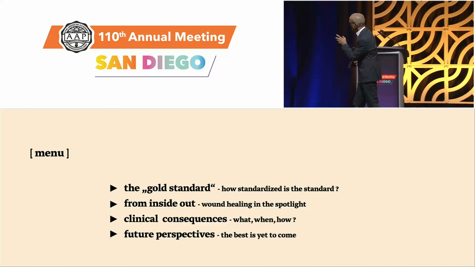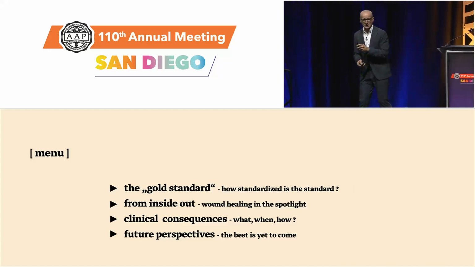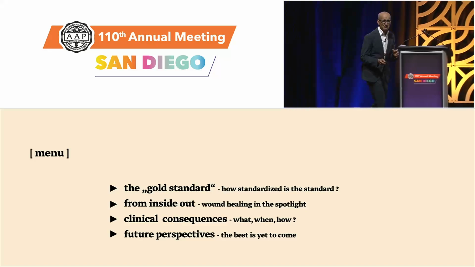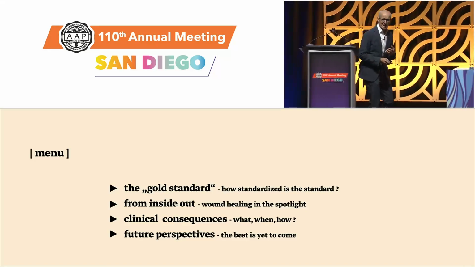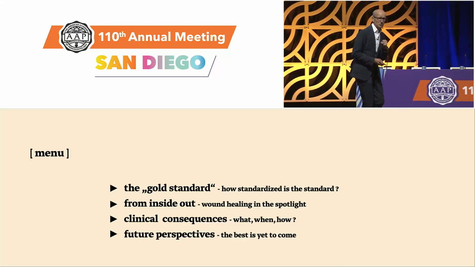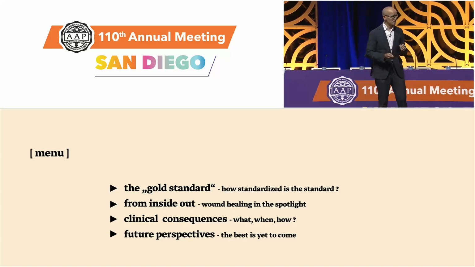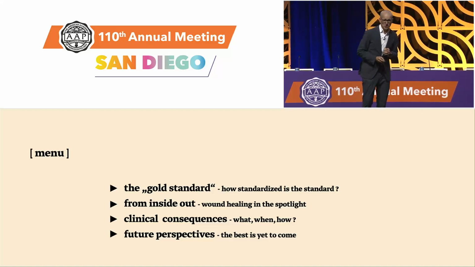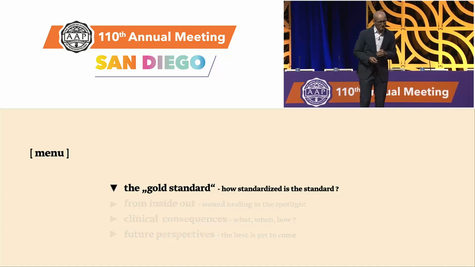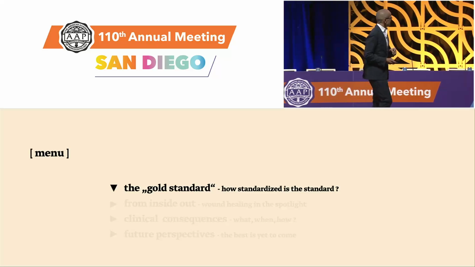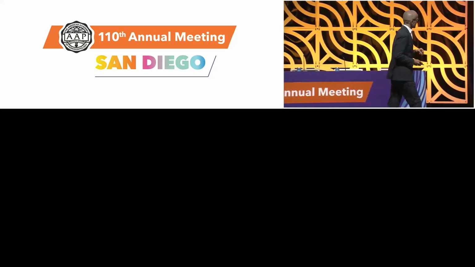We will look at some clinical consequences, maybe try to work out some practical clinical guidelines to best possibly control the wound healing outcomes. And if there is some time left, we can also have a quick look at future developments. So let's get started.